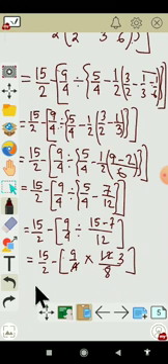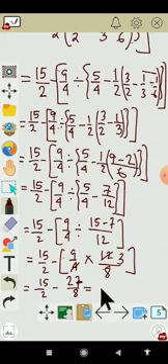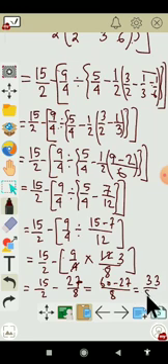So we got here 15 by 2 minus 27 by 8, which is 60 minus 27 by 8. So 33 by 8 is the answer.